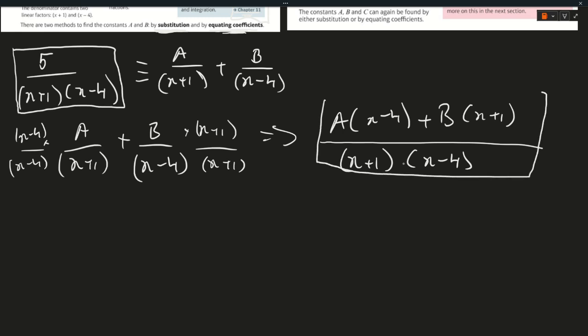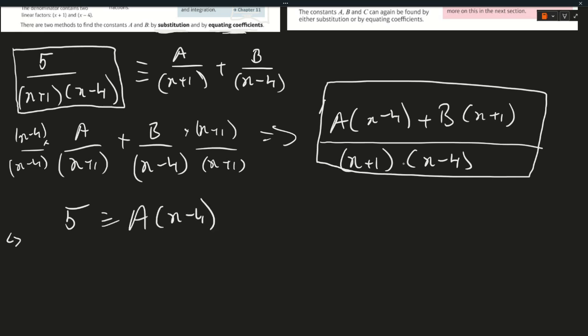That is because these are in fact the same exact thing, hence the identity. So, knowing that, we can essentially just equate 5 to a lots of x minus 4 plus b lots of x plus 1. Great. And from this, we can find out what both a and b are.